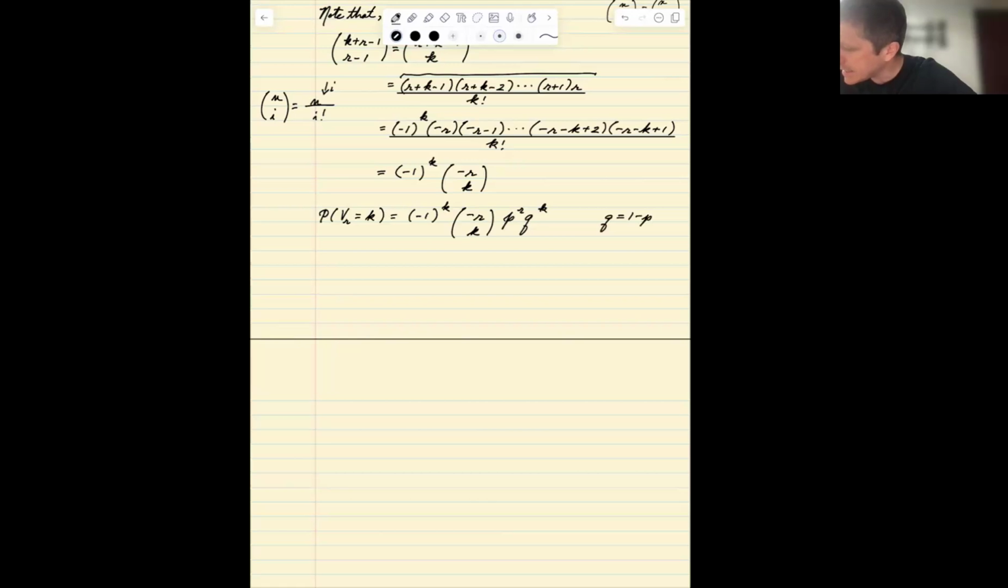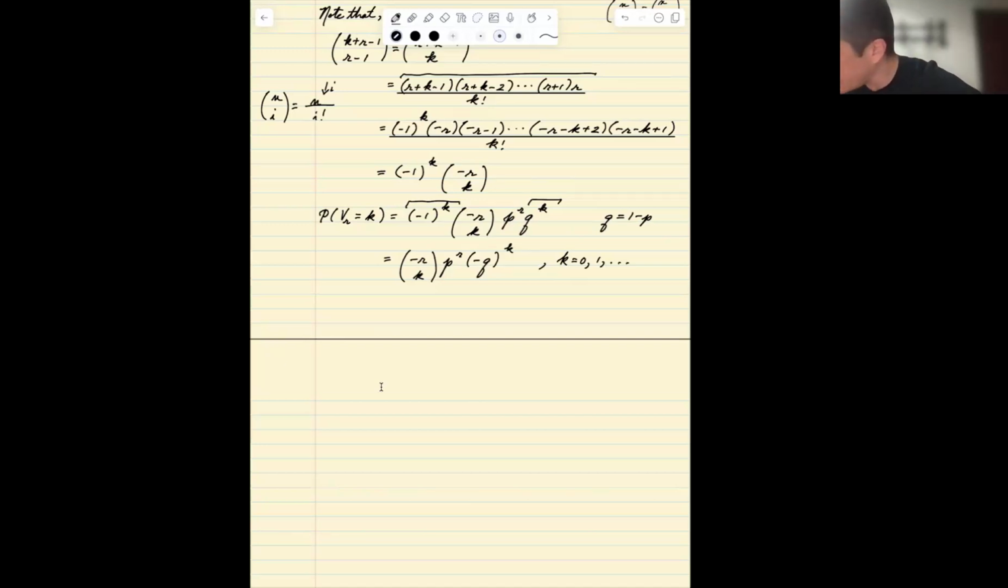And the nice thing is that the -1 here can be folded into this q, and what we're left with is minus r choose k, p to the r, minus q to the power k, for all values of k from 0 to infinity. All right, so that's the mass function.